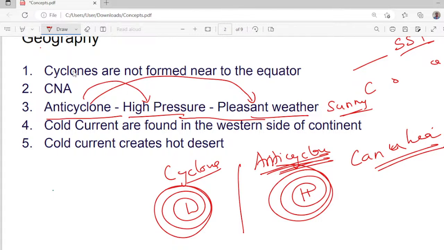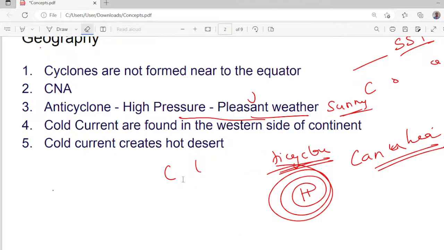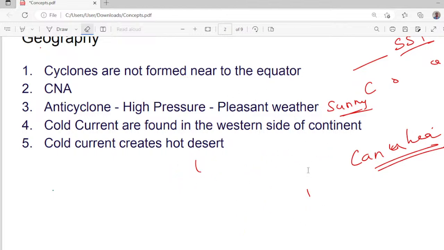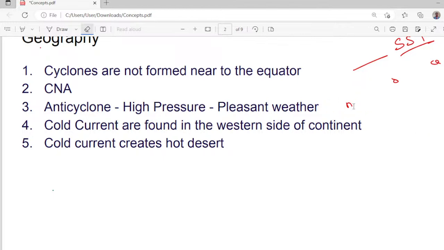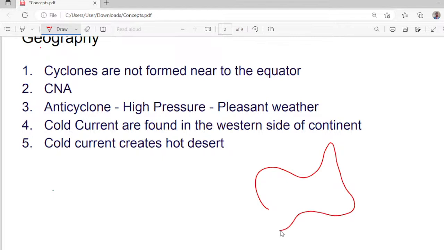Nobody. Okay, now coming to the fourth concept: cold currents are found on the western side of the continent. This is a very important fact, and it can help you in the exam hall. For example, in Australia we have two currents.